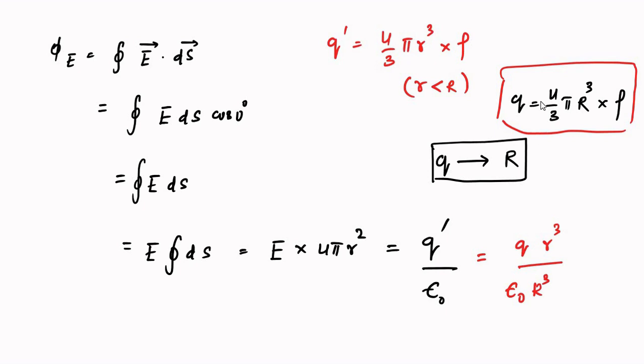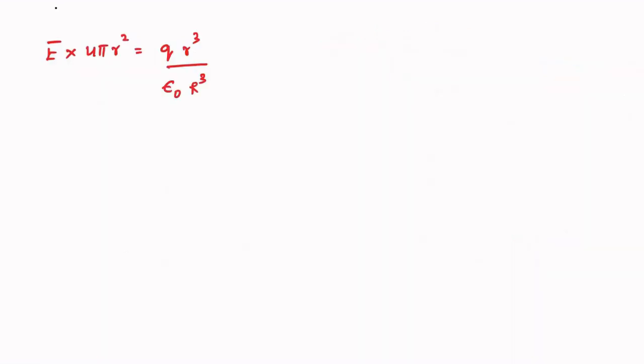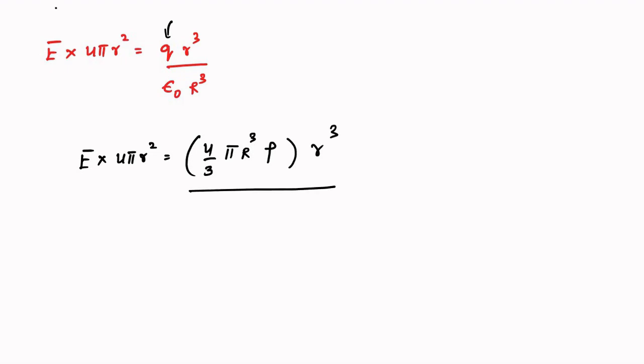Here in place of Q we will substitute 4/3 π R³ ρ. That implies E into 4π r² is equal to 4/3 π R³ ρ r³ by ε₀ R³.